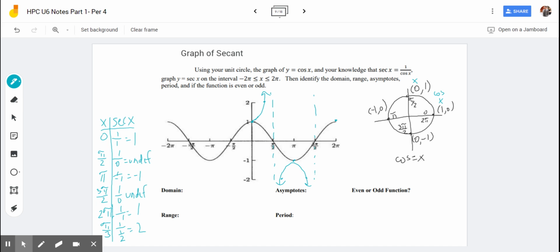Okay. And we'll have kind of the same thing here in quadrant 4, right? So this is technically one period of secant, okay, from 0 to 2 pi.